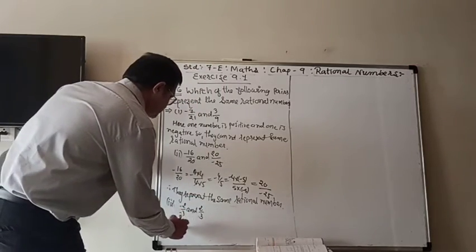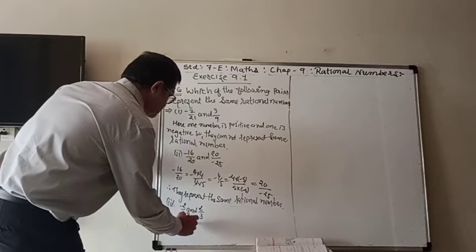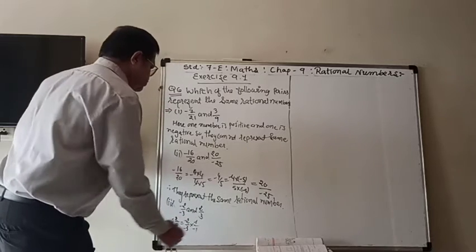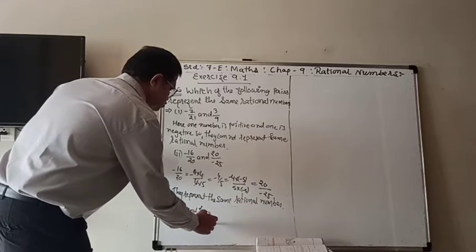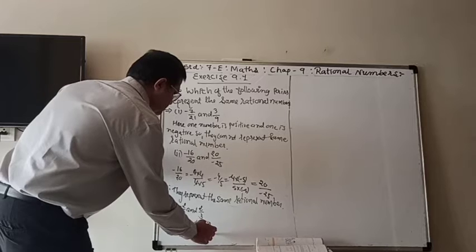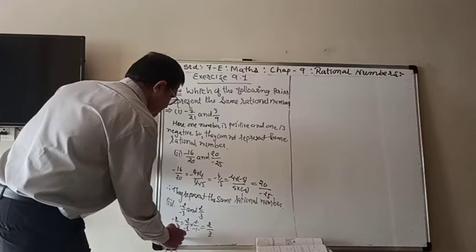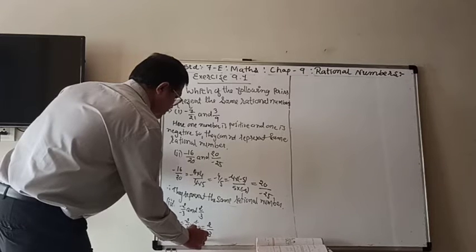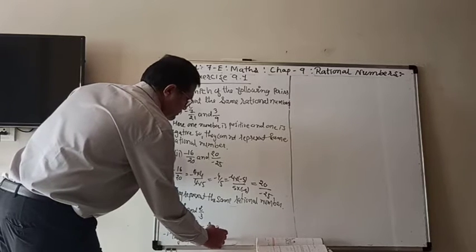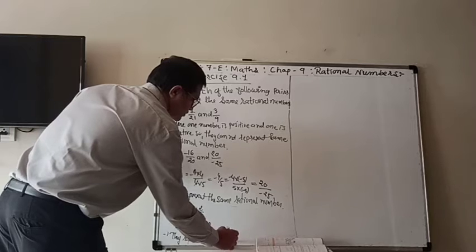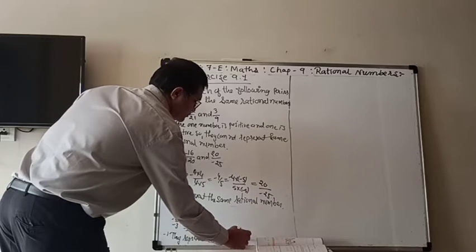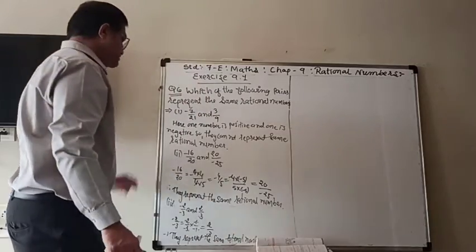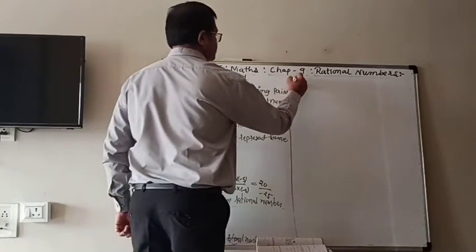So minus 2 upon minus 3 multiplied by minus 1 upon minus 1, that is 2 1s are 2 upon 3 1s are 3. Therefore they also represent the same rational number.